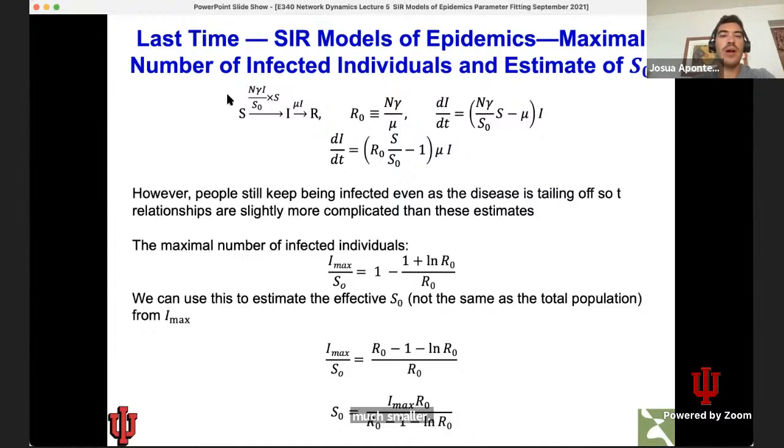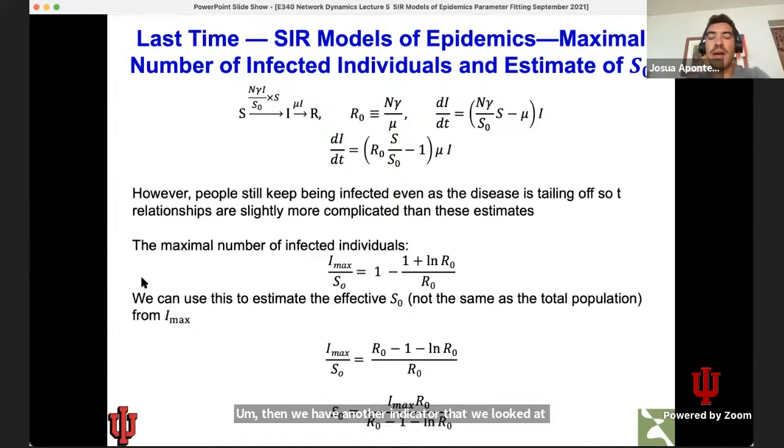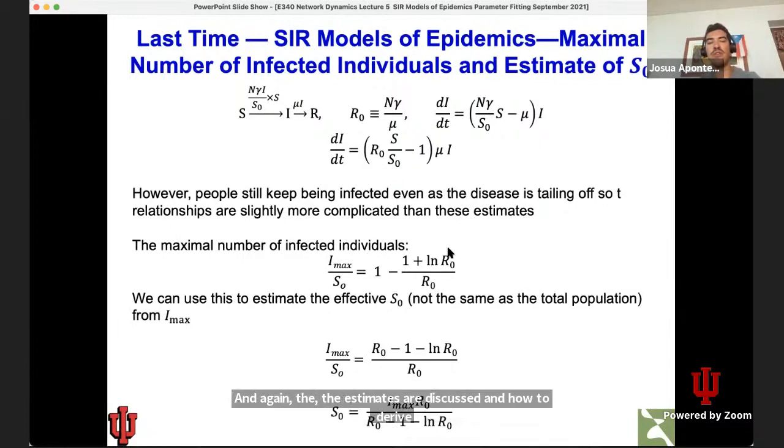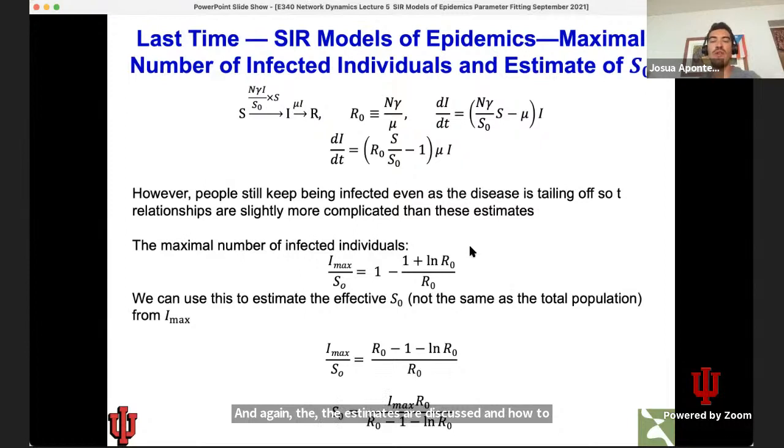Then another indicator that we looked at from the perspective of the parameters of the SIR model is how to identify the maximum number of infected individuals. And again, the estimates and how to derive the equations are discussed in the references suggested at the beginning of the lecture.